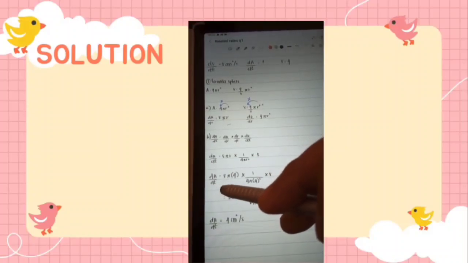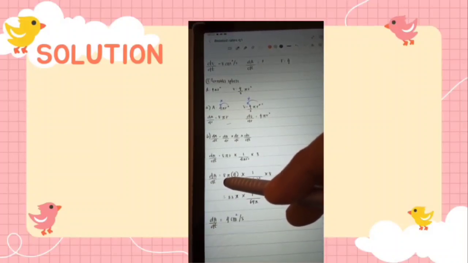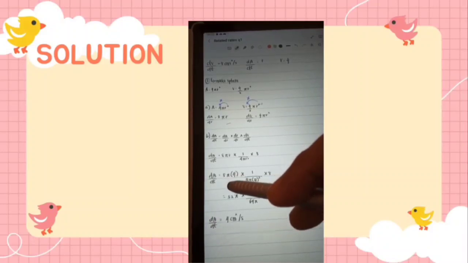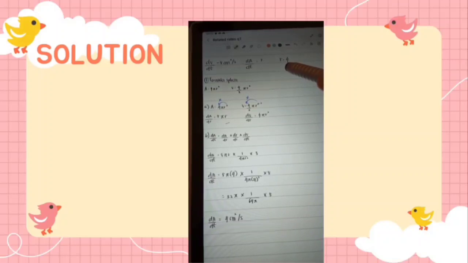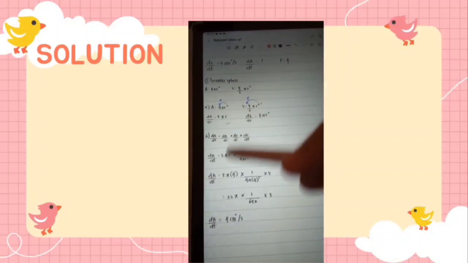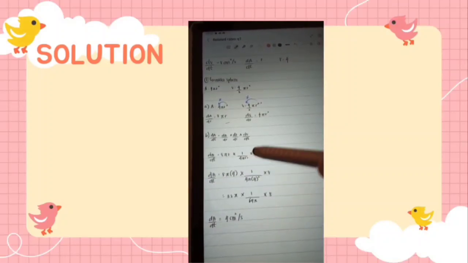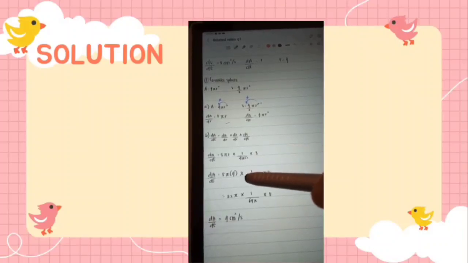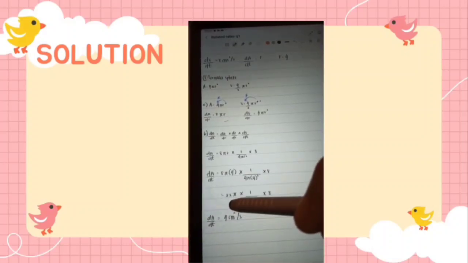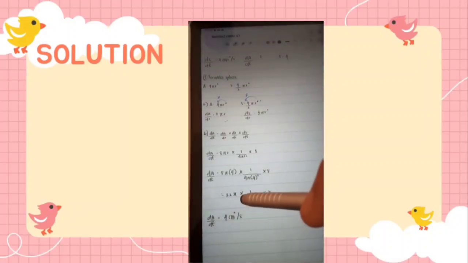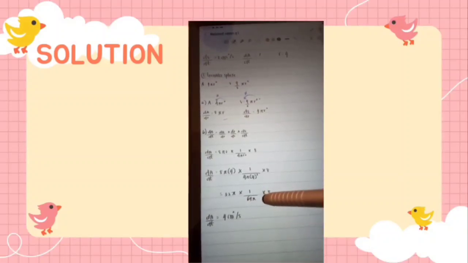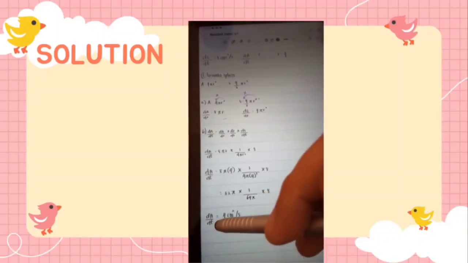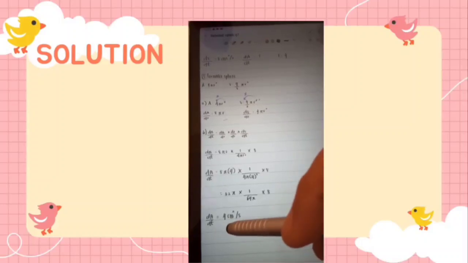So dA over dt, we're gonna use 8 pi, and we use the number 4 and multiply by 1 over 4 pi 4 square multiplied by 8. So we're gonna get 32 pi multiplied by 1 over 64 pi multiplied by 8, and we're gonna get dA over dt is 4 cm.